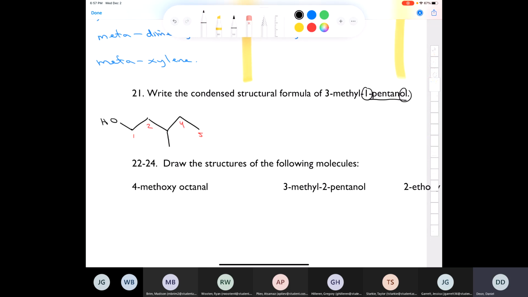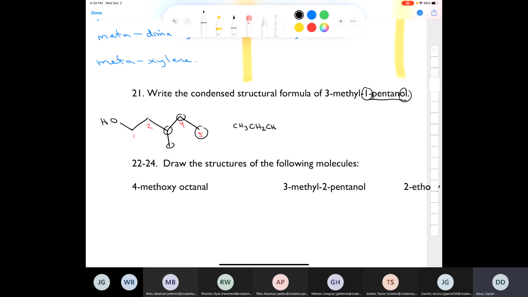Now it's asking us to write a condensed structural formula. These are interesting sometimes. I'm going to start from this end and write down the condensed structural formula. So look, I've got the CH3. Okay, so that's this one. Now I've got the CH2. That's this methylene right here. Then I have CH.